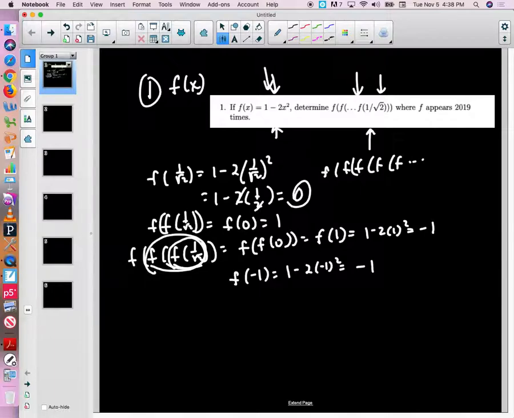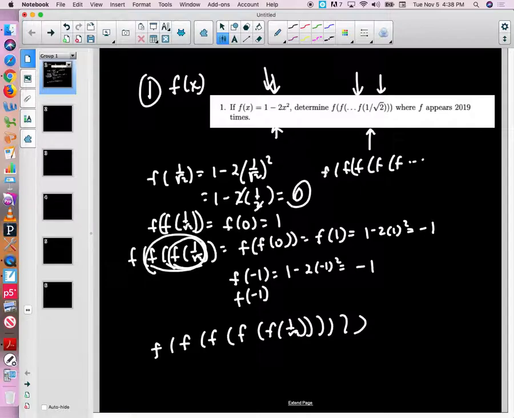And so you see what happens after a while is you just keep finding f of negative 1, it collapses to that. So let's see what we've done here. f of 1 over root 2 was 0.